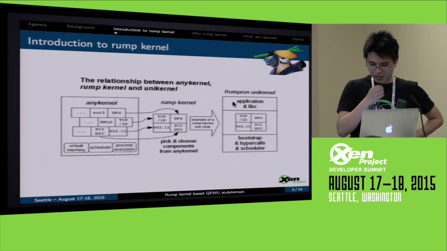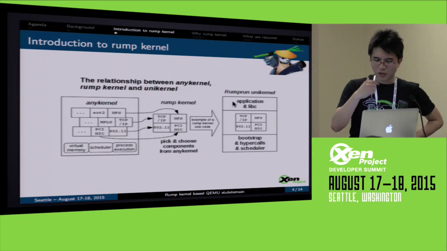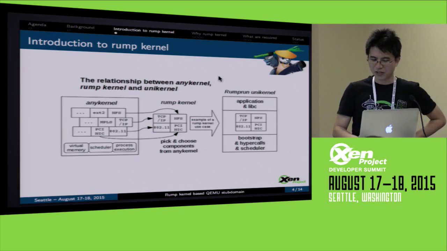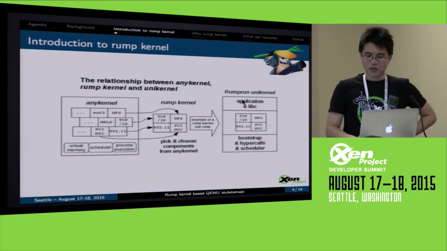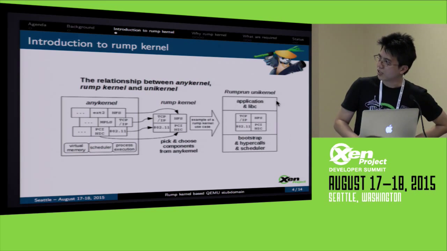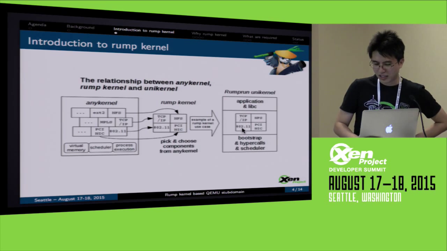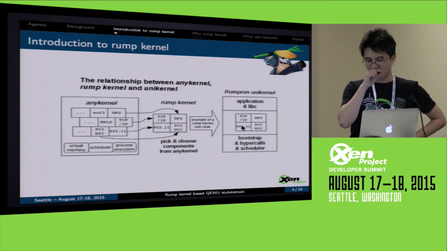So strictly speaking, in this talk I'm referring to this Rump run unikernel. QEMU is the application in this graph, and the libc, TCP/IP stack, or the other protocol stacks are all based on this Rump kernel.